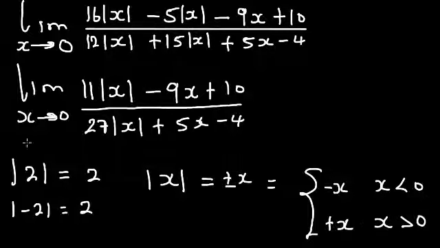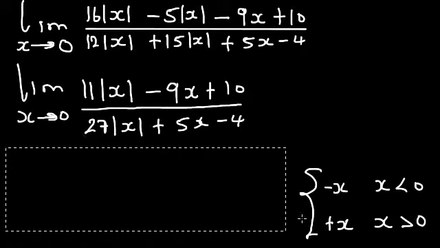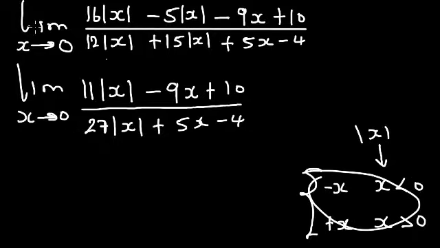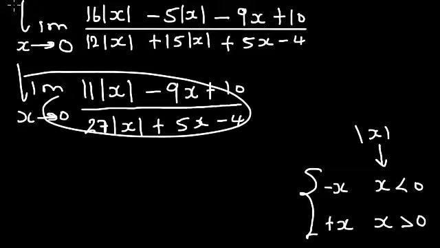Perfect. So having done this, let me get rid of this one. I'm just saying the absolute value of x implies this. Now, we want to use the result we have here to evaluate this limit.